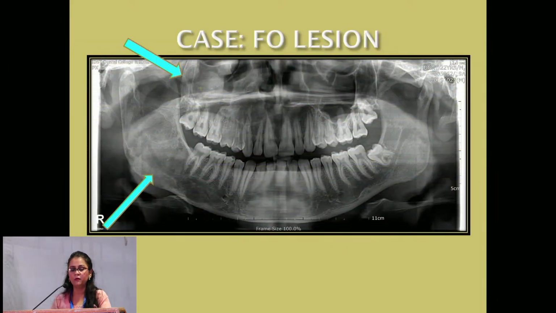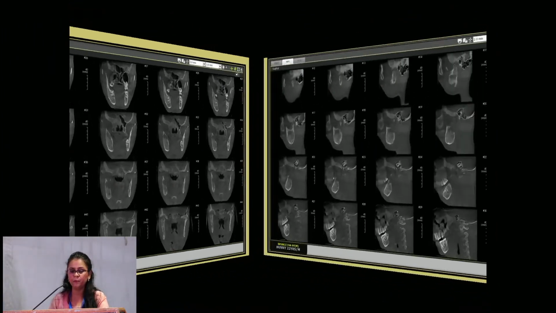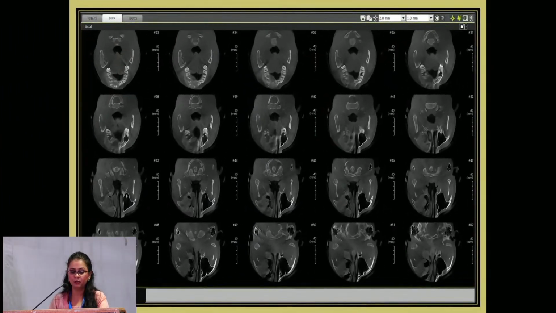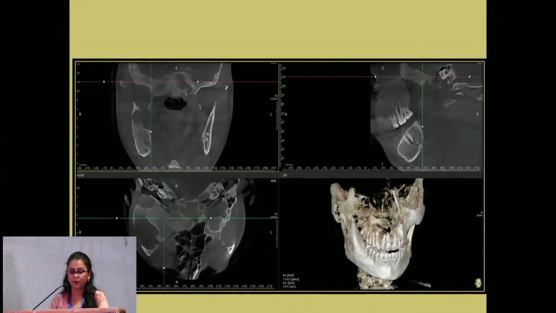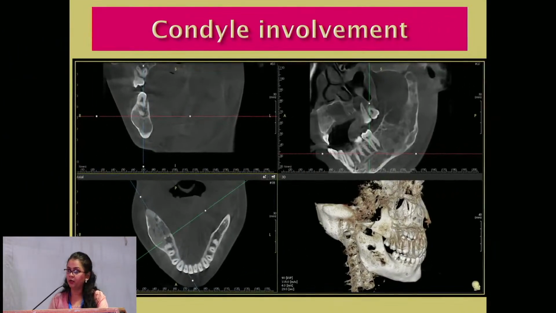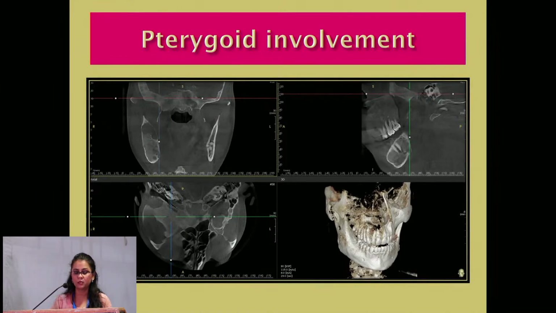This was a multifocal involvement of a fibroosseous lesion involving the mandible, the maxilla, the temporal region, extending up to the zygomatic arch, the condylar involvement. So such cases will require a larger field of view. The pterygoid involvement.